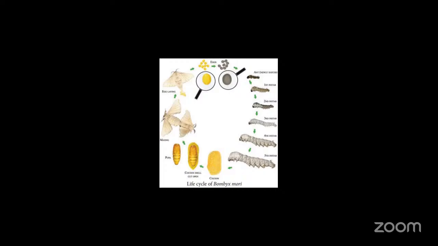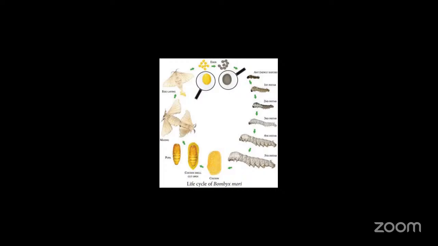For instance, the age-old multivoltine hybrids have been replaced by multivoltine crossed with bivoltine, and bivoltine hybrids are gained.